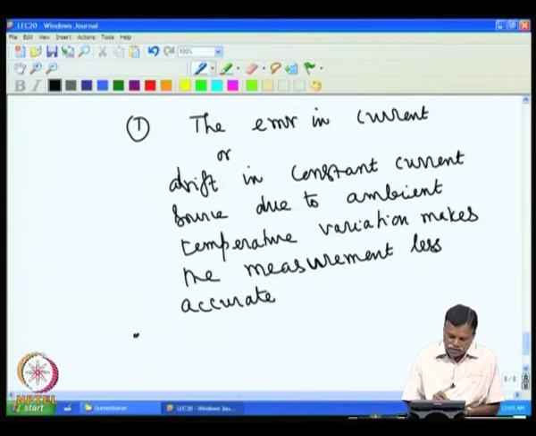Then the second issue is error in voltage measurement.